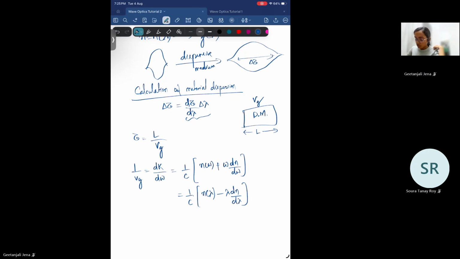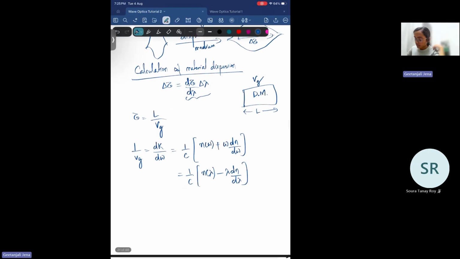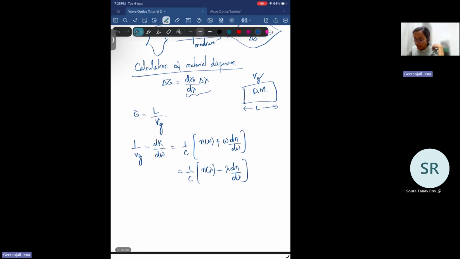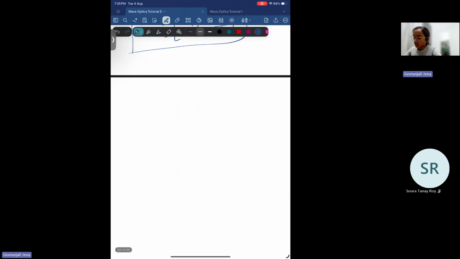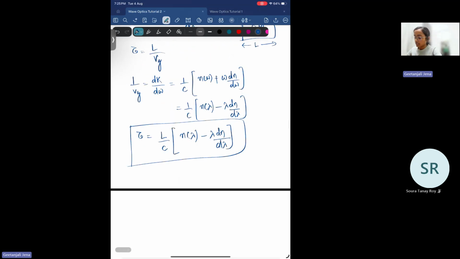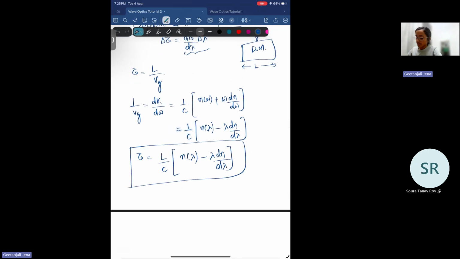From this, we can write tau. Tau is L by Vg, so L by c times n of lambda minus lambda dn over d lambda. This is the time that the pulse, or the wave, will take inside this medium.